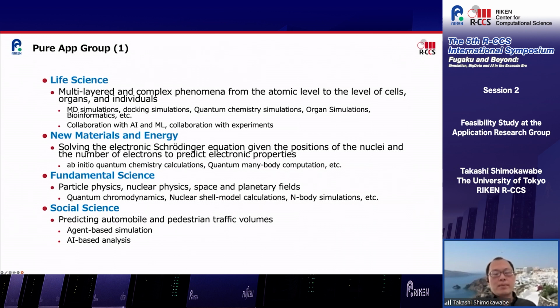A wide range of simulation methods are used in this area, and the collaboration with machine learning and experimentation is also very important. Another example is the social science case, where they utilize agent-based simulation to predict automobile and pedestrian traffic, together with AI-based analysis.